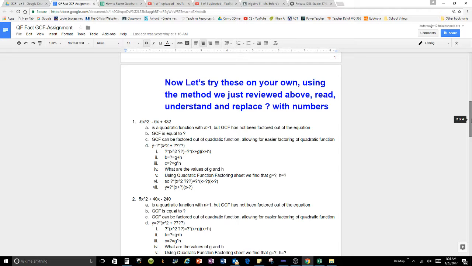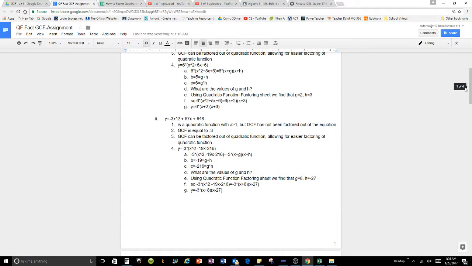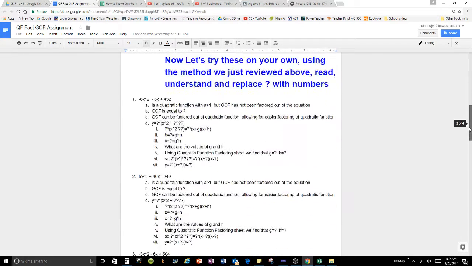And basically what you do is just go up to the example, see what numbers I actually have in there, and think about what we're doing. Think about the discussion I just had with you. And as you go through here and read it, get an understanding of what we're doing, what should be in these question marks should be pretty simple.